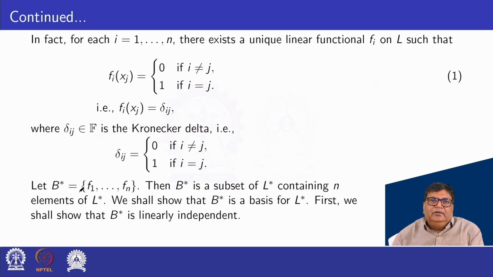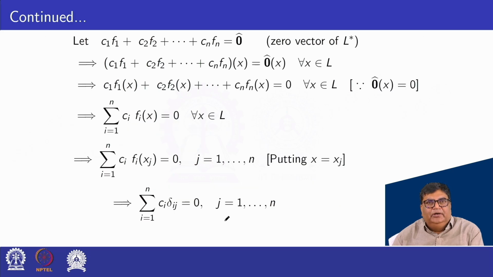Let B star be f1, f2 and so on fn. Then B star is a subset of L star containing n elements of L star. We shall show that B star is a basis for L star. First, we shall show that B star is linearly independent and generates the span. So first we shall show that B star is linearly independent.